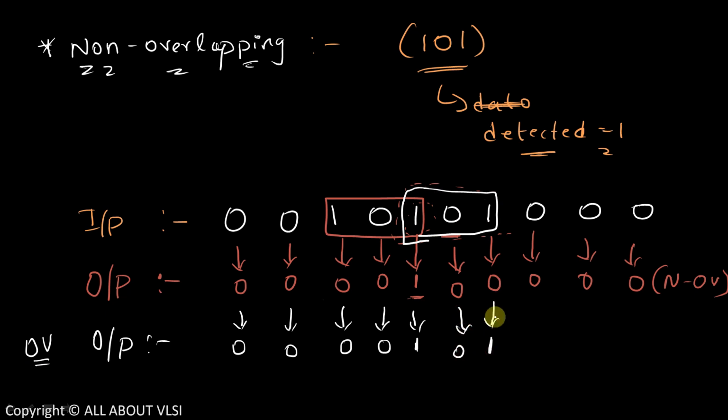But in the case of non-overlapping, we are not getting output as 1 because we are not allowed to consider this bit from the previous sequence. But in the case of overlapping, we can consider it. This is the difference between overlapping and non-overlapping.